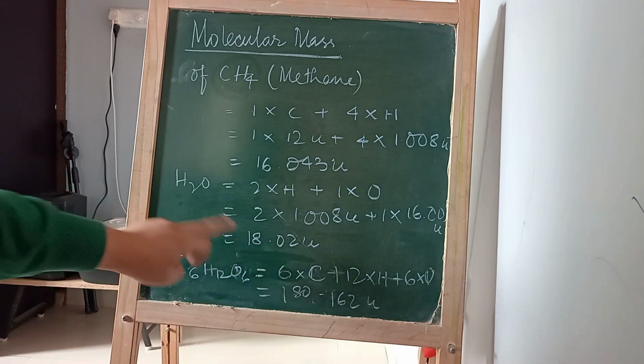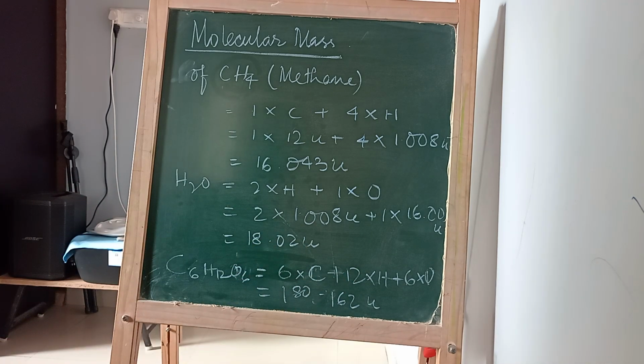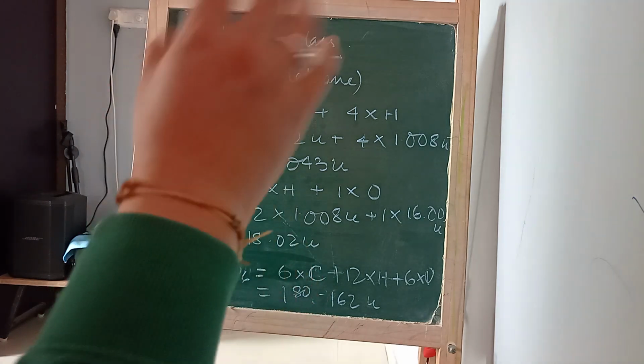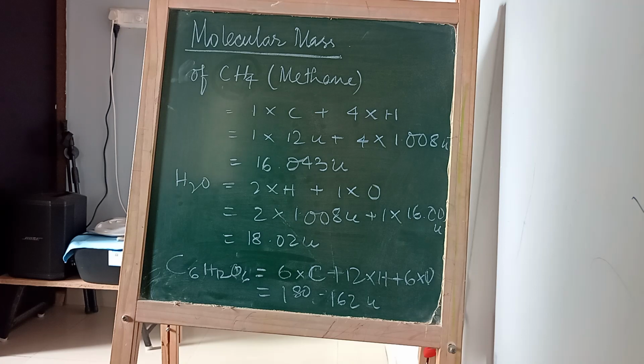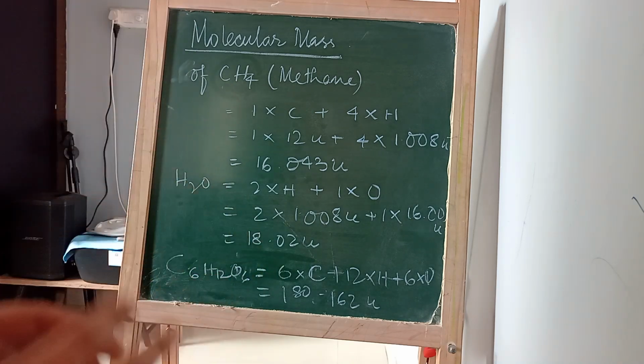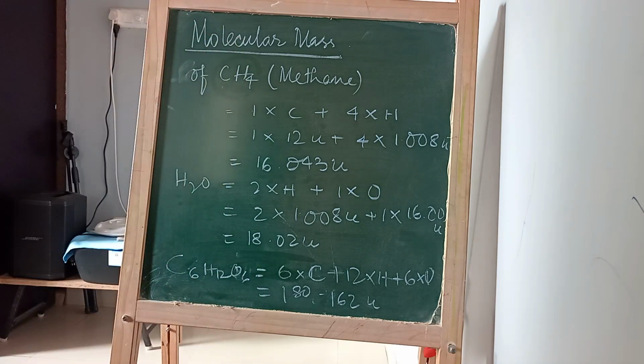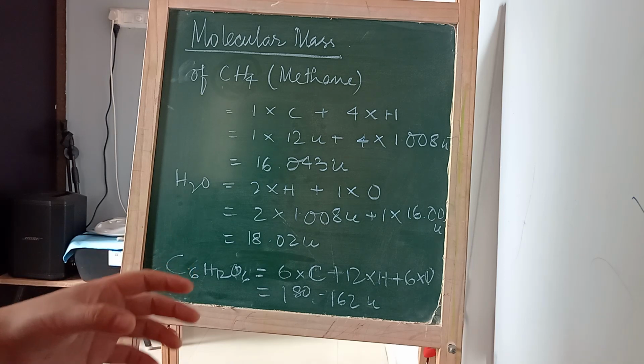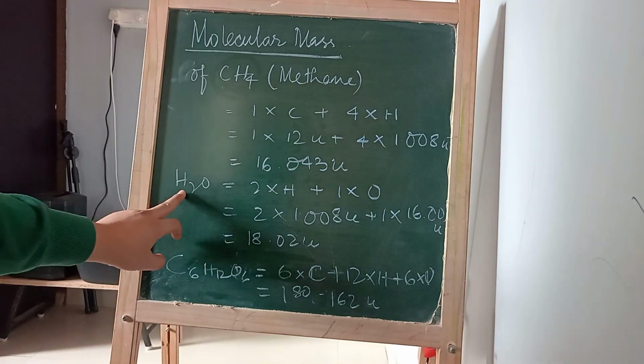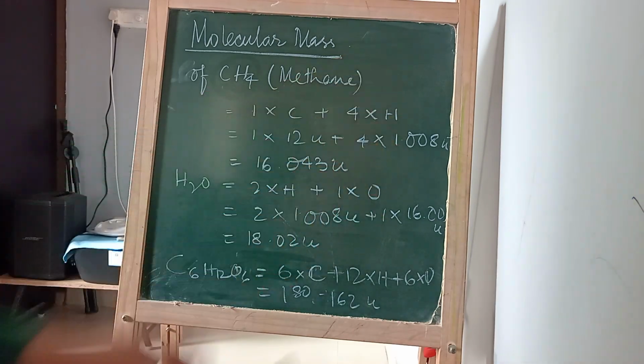So this is the molecular mass of a water molecule. One molecule of water that we are drinking every day is made up of two elements, hydrogen and oxygen. If we had a camera or a device which could see through the water we are drinking in a glass, it would consist of molecules, right?